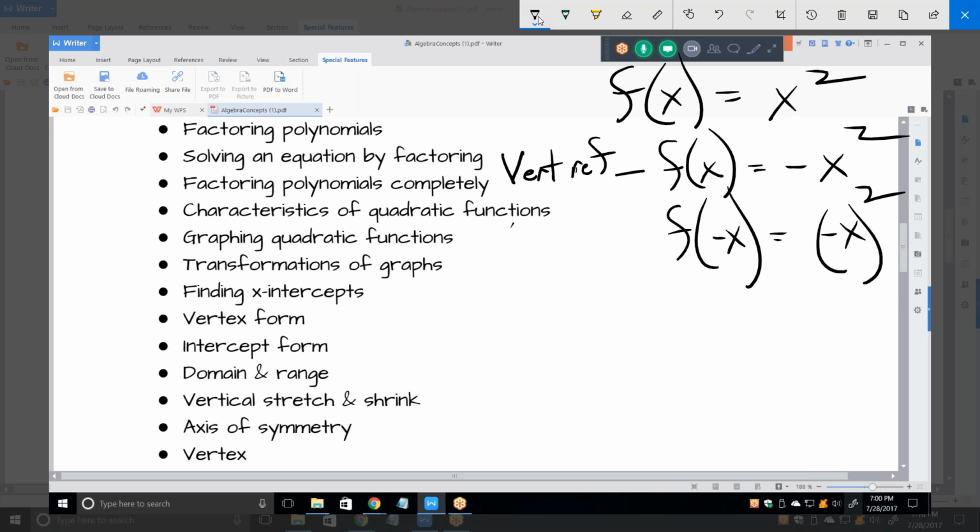You see why? And that's a horizontal reflection. And the key thing here is, if the negative sign is outside of the f of x, it's vertical. If the negative sign is inside the f of x, it's horizontal. Remember that. So, let me give you this problem here.